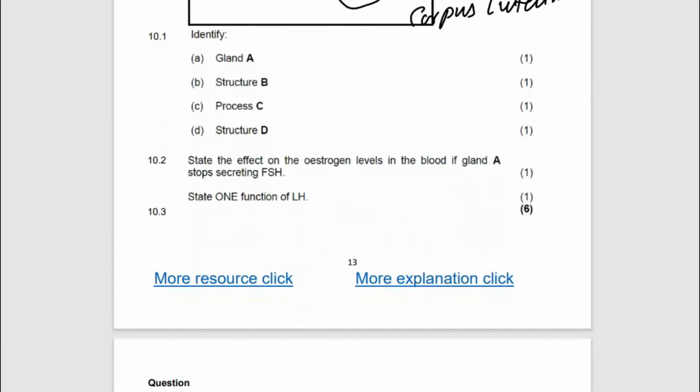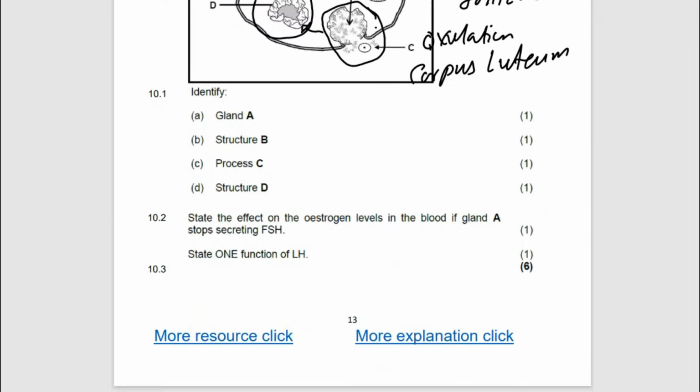They're saying, state the effect on estrogen levels in the blood if gland A stops secreting follicle stimulating hormone. So basically you have to know what the effect is.